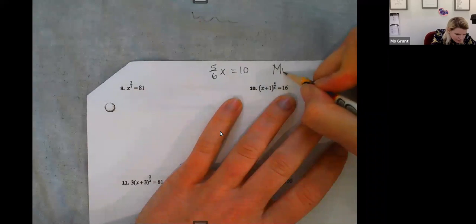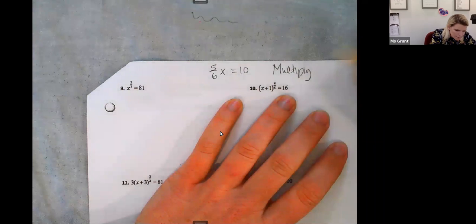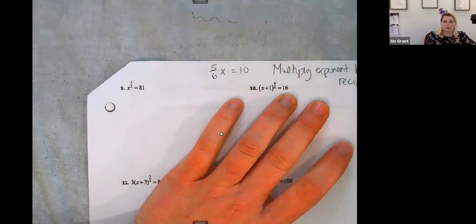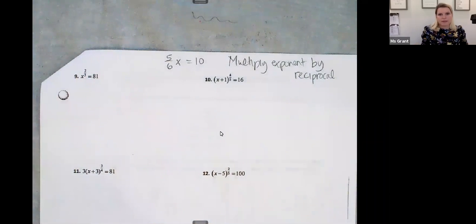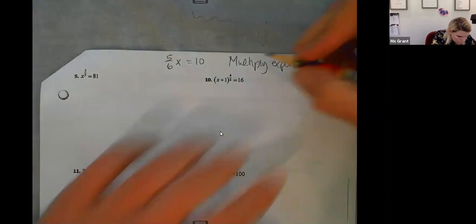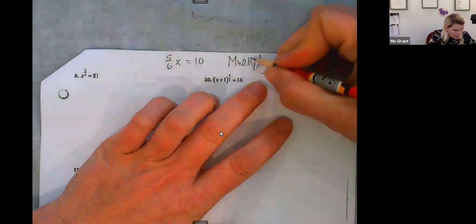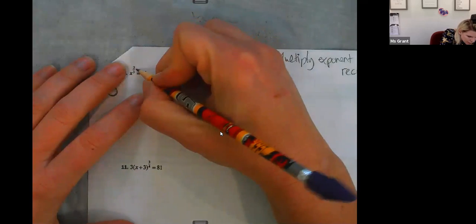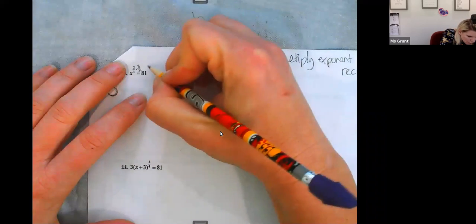Good. So I'm going to first multiply the exponent by the reciprocal. Multiply the exponent by the reciprocal. So that means that I've got times 3/2 on both sides.